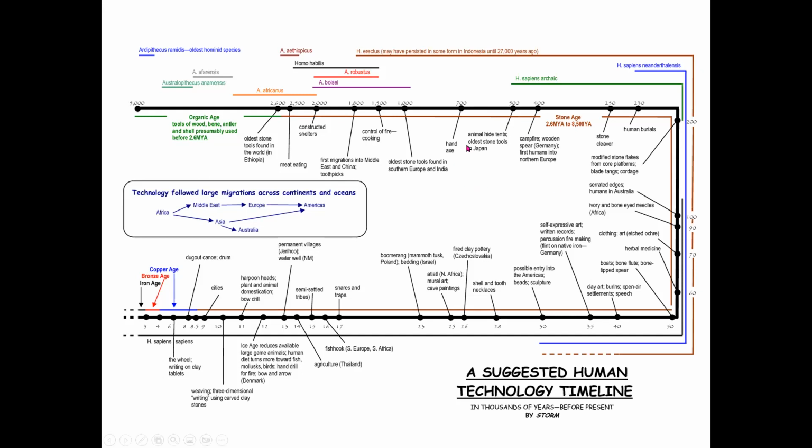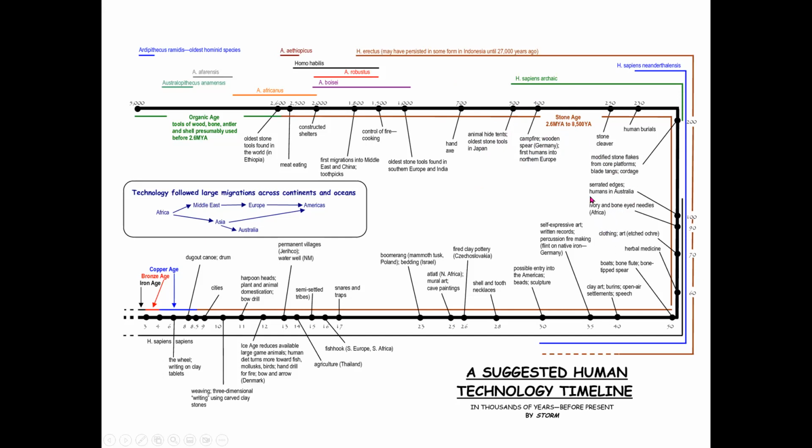Once that happens, they found all sorts of tools and other things. Even here in Japan, they found old stone tools and so on. So all these stone flakes, all these other things.